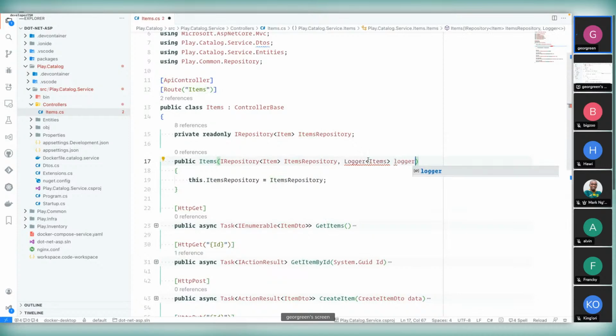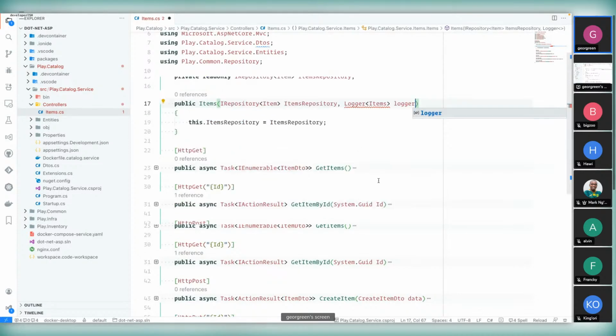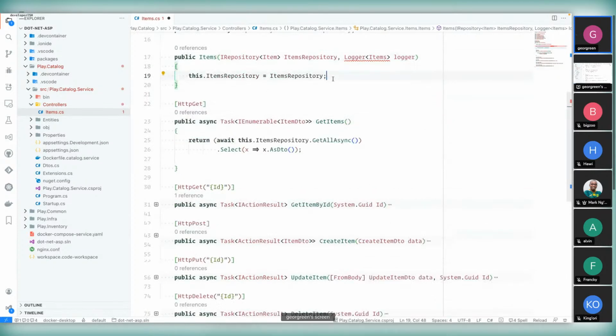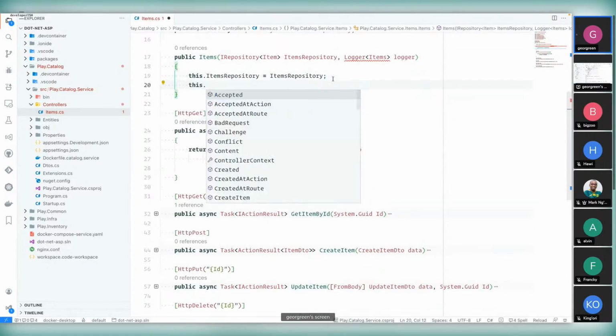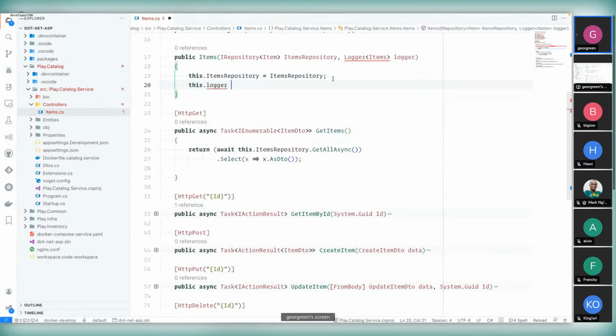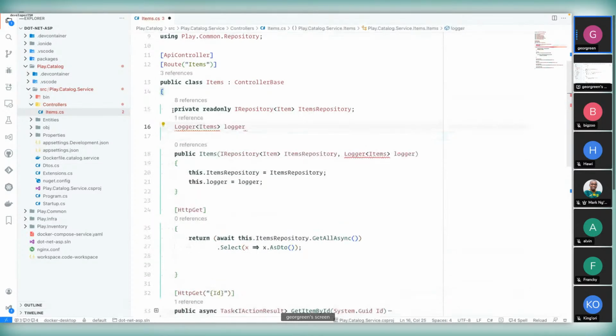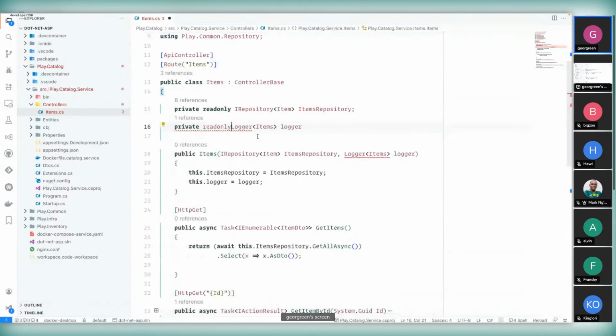And then after you do it this way, I would most likely need to do something like this: logger is equal to this logger I just got here. Most likely this won't work, but I hope it demonstrates the idea. Yeah, C#. Okay, that way.